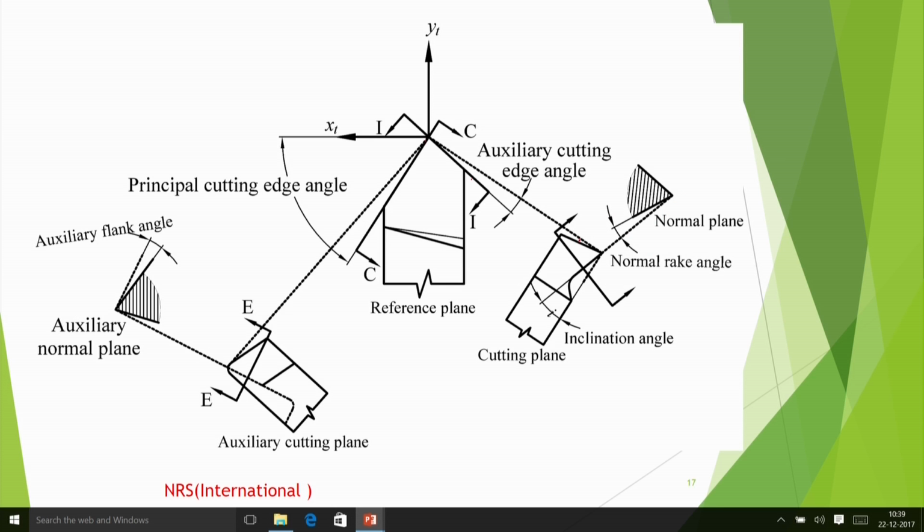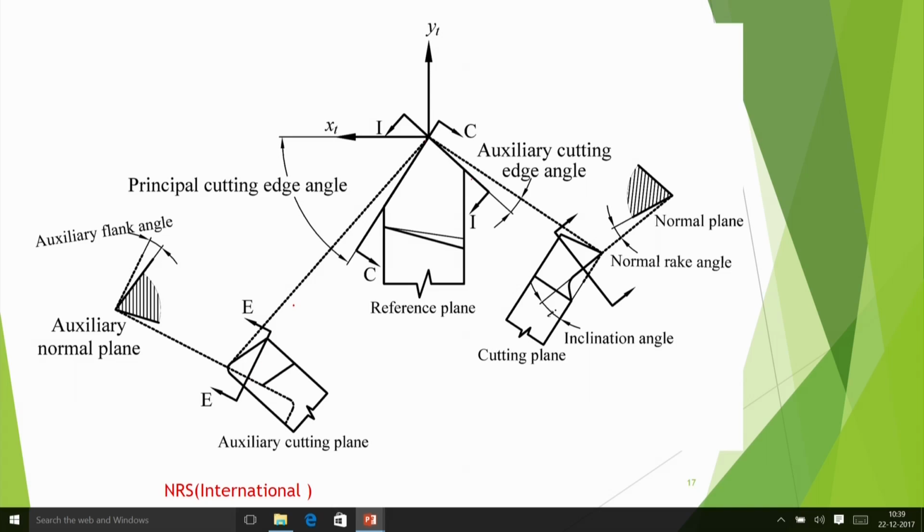And on the auxiliary, I can obtain, like I have obtained a cutting plane here in which the cutting edge is contained and the velocity vector is contained. Similarly, I can obtain one particular plane which is called basically the auxiliary edge. So auxiliary edge is contained in that, velocity vector is contained in that.